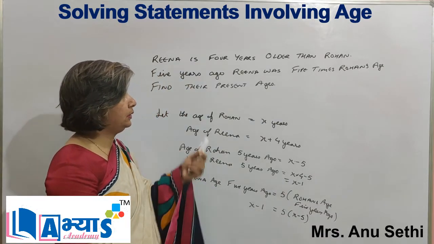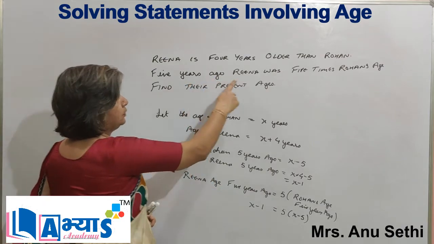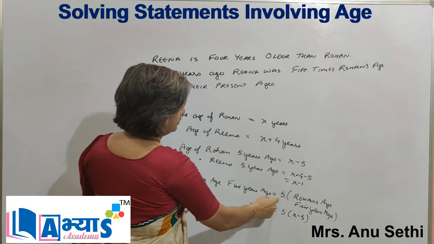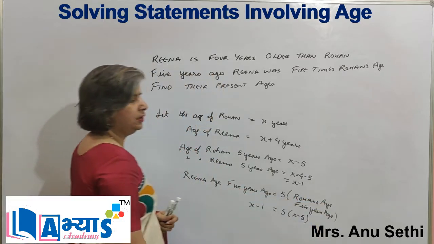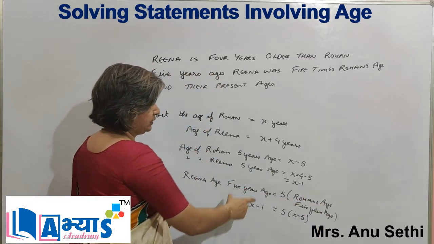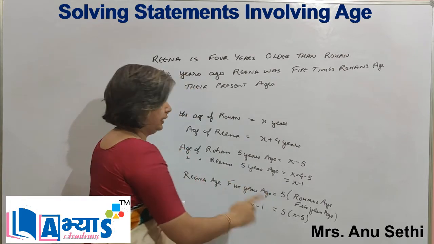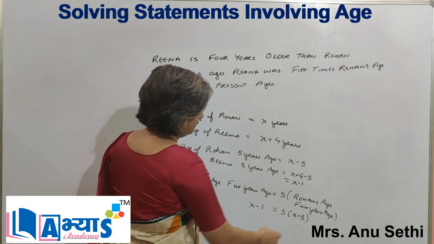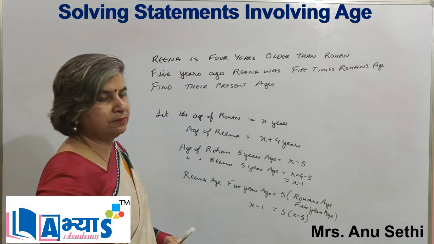And according to the relation it is given that 5 years ago Reena was 5 times Rohan's age. So Reena's age 5 years ago is equal to 5 times Rohan's age 5 years ago. So substituting the value of both Reena and Rohan's age 5 years ago, we will find an equation: x minus 1 is equal to 5 into x minus 5.